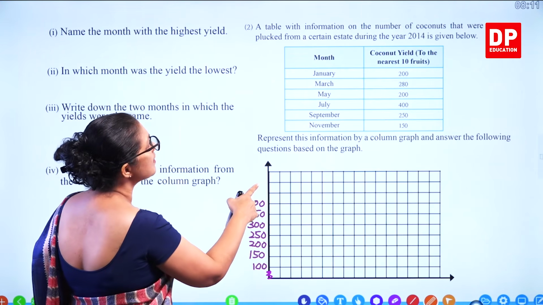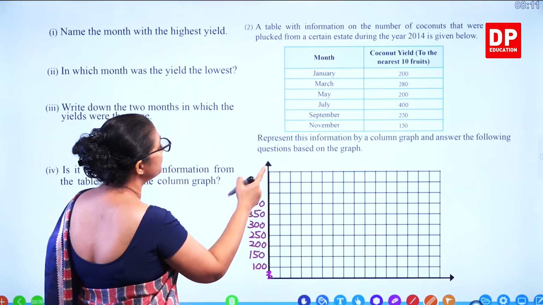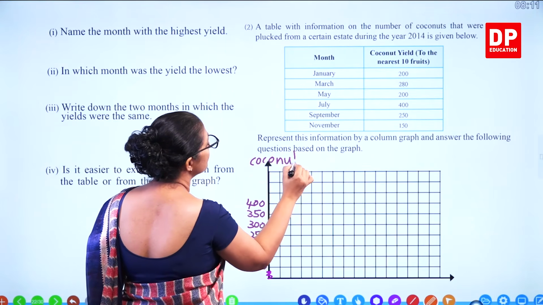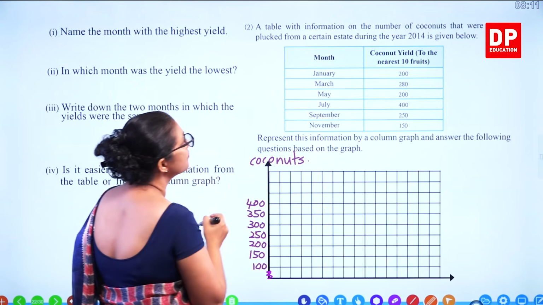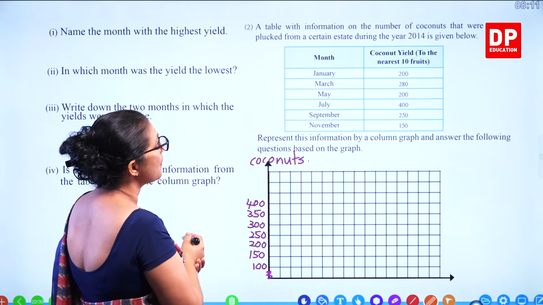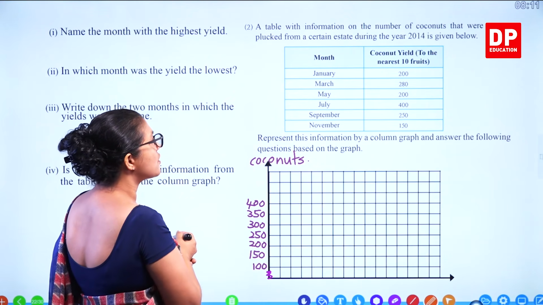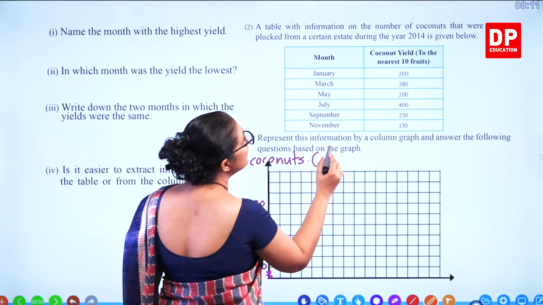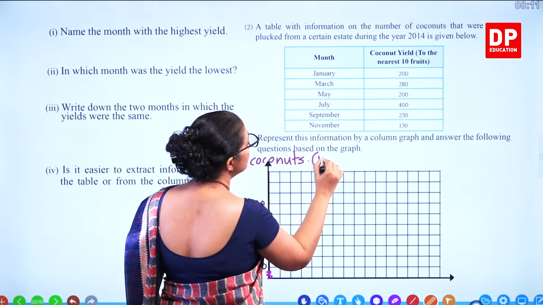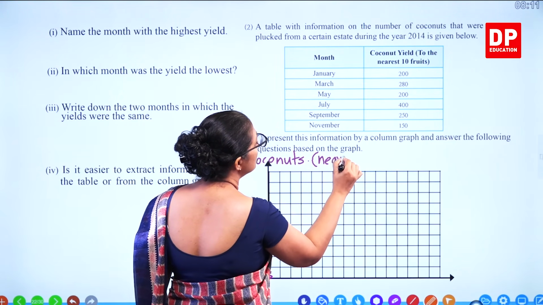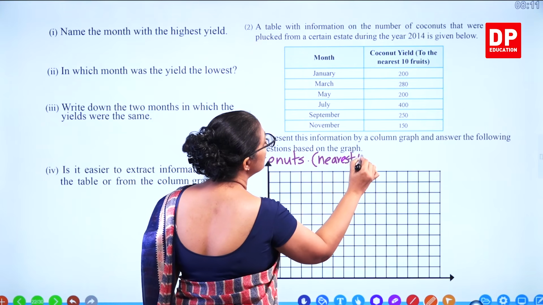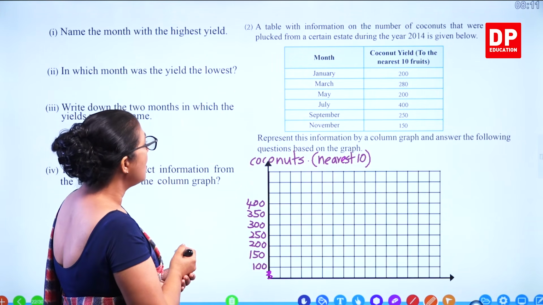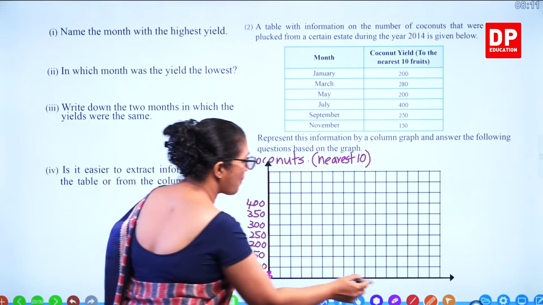So this is coconuts. So to the nearest 10 fruits. Now we can draw the bars.